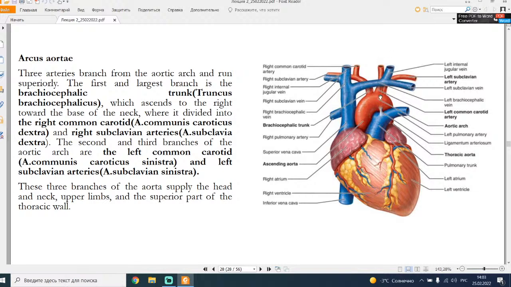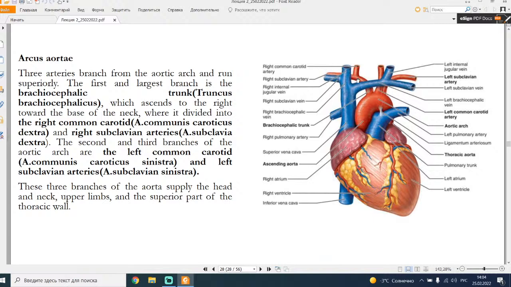The first and largest branch is the brachiocephalic trunk, truncus brachiocephalicus, which ascends to the right toward the base of the neck, where it divides into the right common carotid artery, arteria carotis communis dextra, and the right subclavian artery, arteria subclavia dextra.